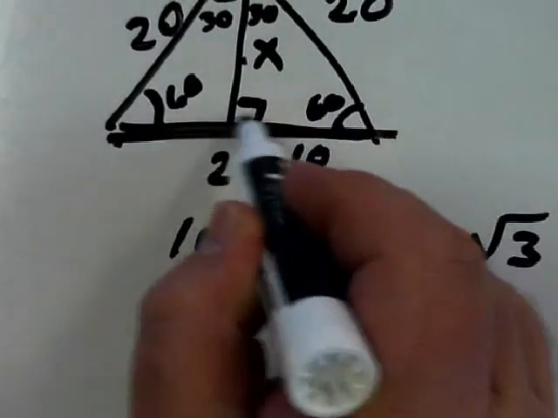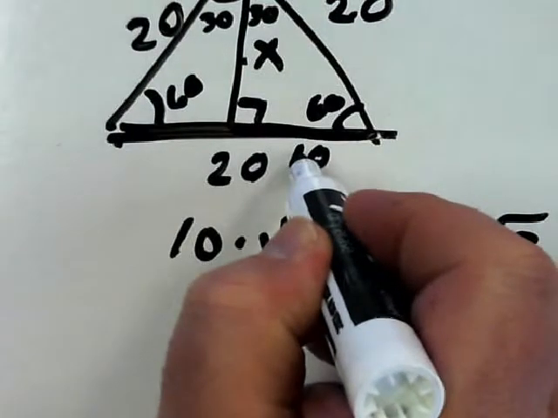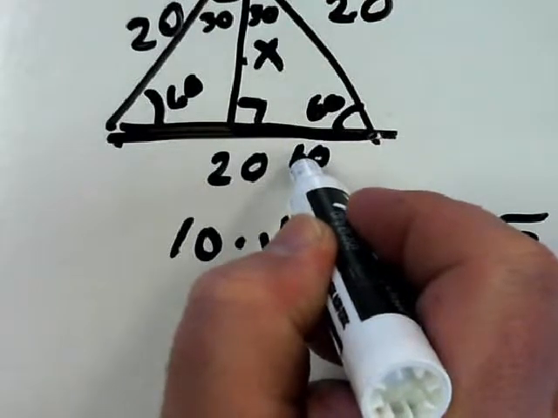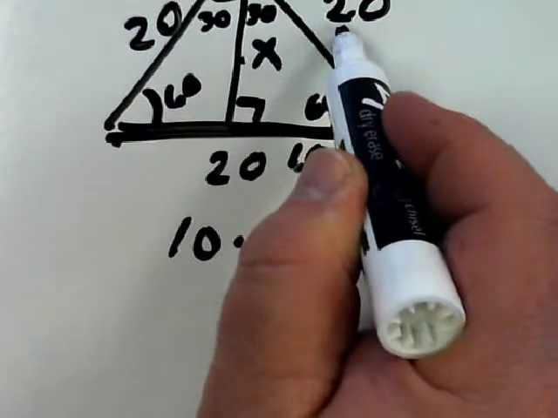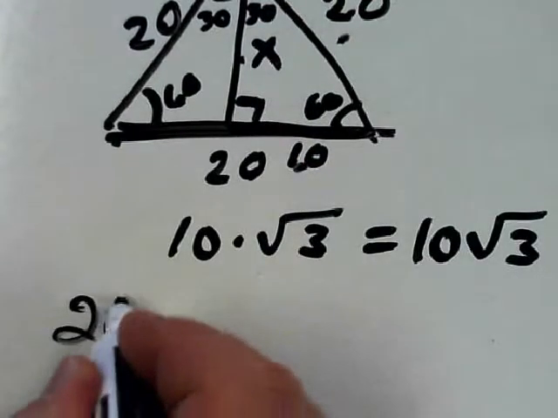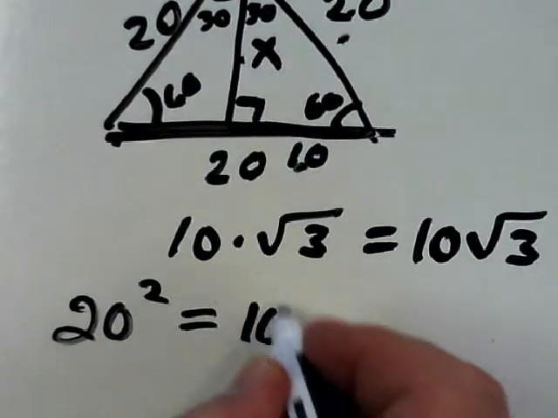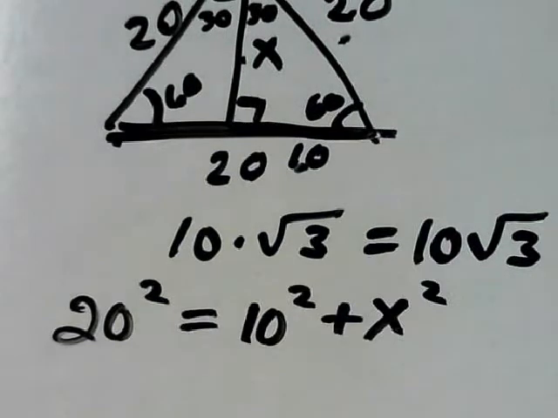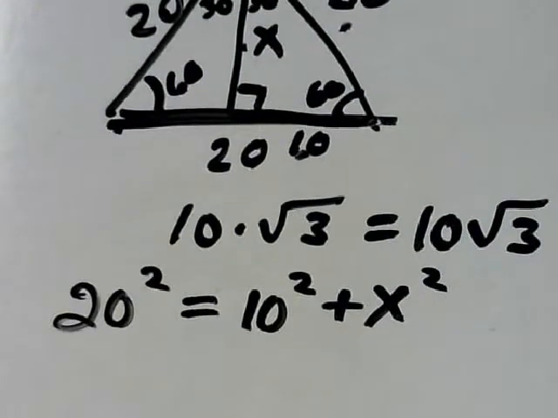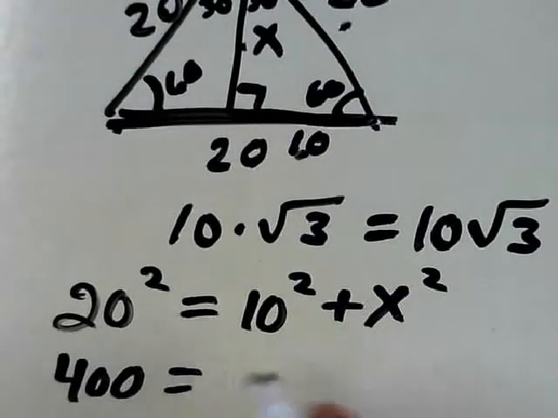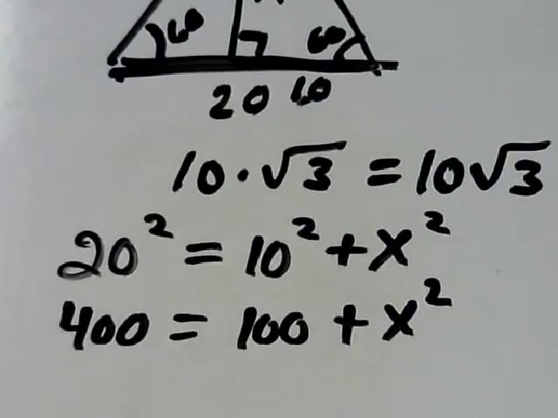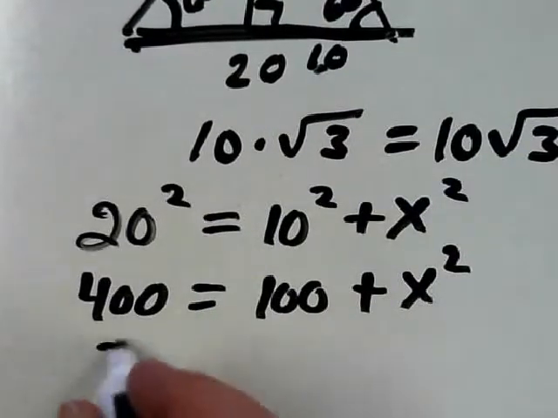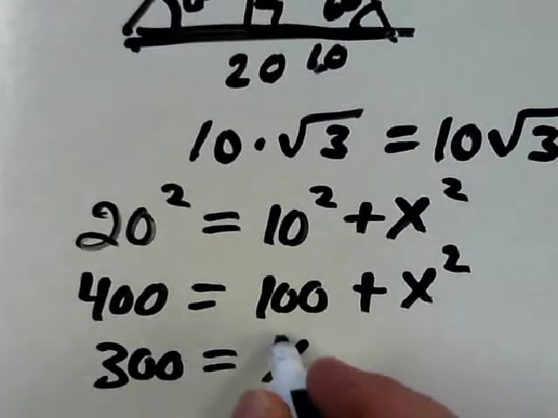Then the other way is, do you know where I got the 10 from? Yes, because that's half of the 20. The 20 is the hypotenuse, isn't it? So can't I go 20 squared equals 10 squared plus x squared, using the Pythagorean theorem? So 400 equals 100 plus x squared. Subtracting, I'd have 300 equals x squared.